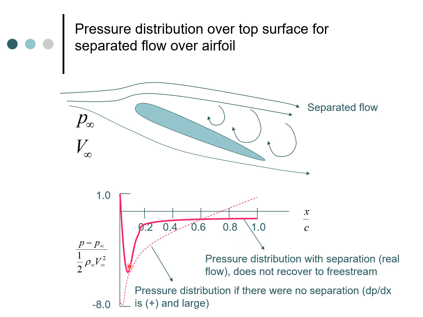But in the case of flow separation, the pressure comes down, then it goes like this. So essentially this is real flow. This does not recover to free stream, so you can see it stays somewhere here. This is the actual nature of the flow which we get because of the flow separation.